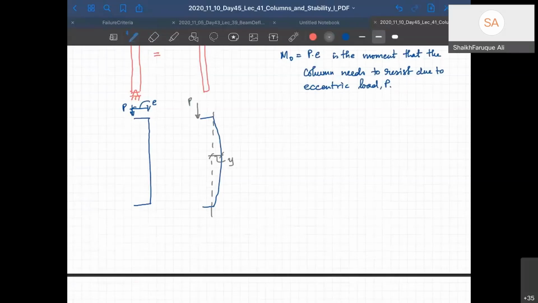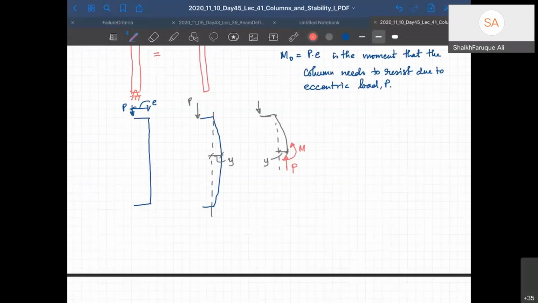So if I take a section out of it, it's going to look like this. This is my Y, and there is going to be some moment it has to resist, that is M, and it has to resist a P force, right? My free body diagram. That is how it is going to look like.